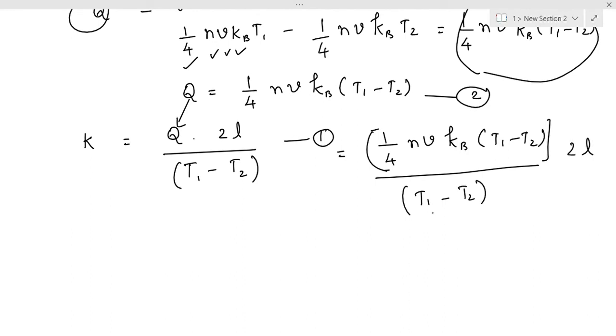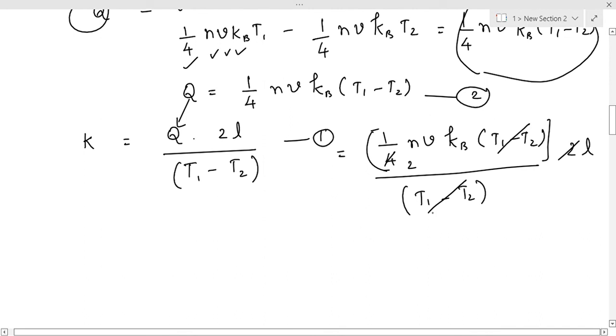So this 2 and 4 get twice here, T1 minus T2 get cancelled off. Therefore, K is equal to 1 by 2 nv kB L.